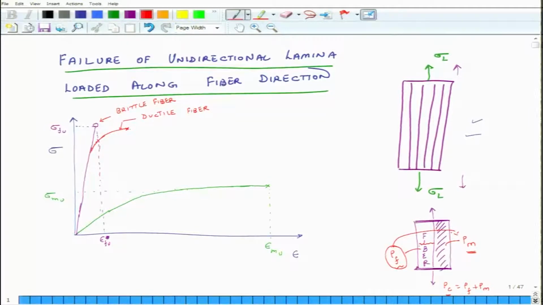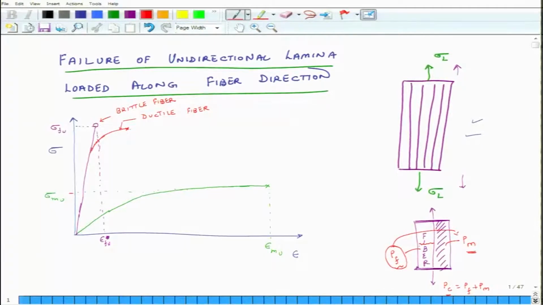All of a sudden the matrix has to bear a very high amount of load, but the breaking stress in the matrix is not very high. It is sigma mu, which is much less than sigma fu, right. Because it cannot handle such an extra load all of a sudden, the matrix also fails immediately. So, we have two types of situations.